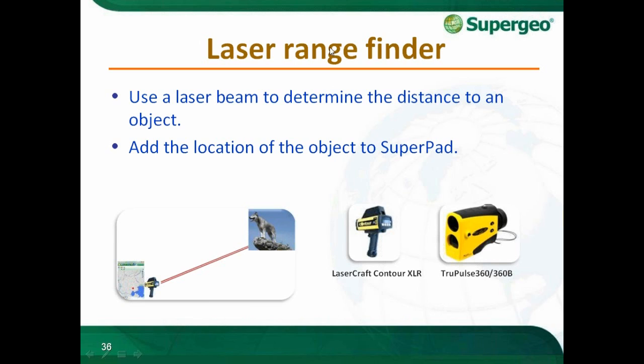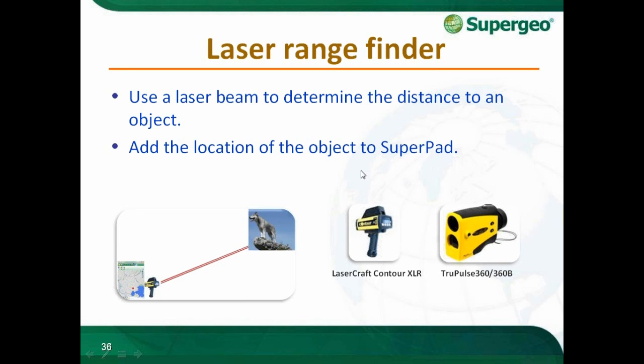The other one is the laser rangefinder. It can help you use a laser beam to locate an object that is out of your reach. For example, if you spot a wild wolf in the field and it is too high or too dangerous to reach, you can use the laser beam to locate your target, and the location of your target will be added to the SuperPad, for example, the red icon here.